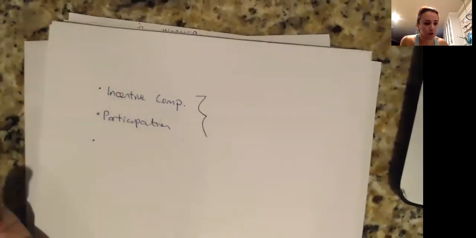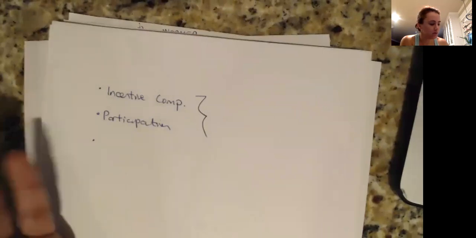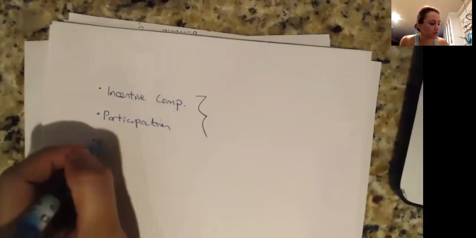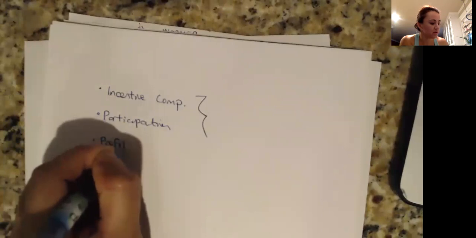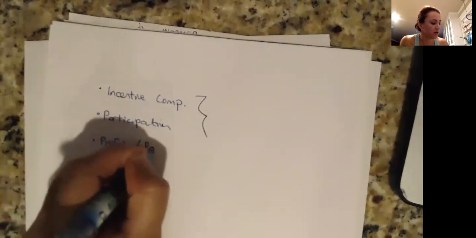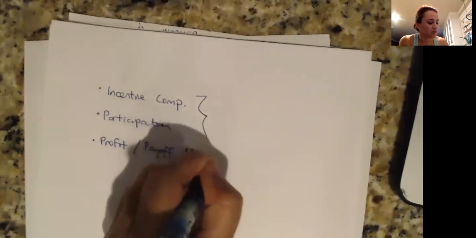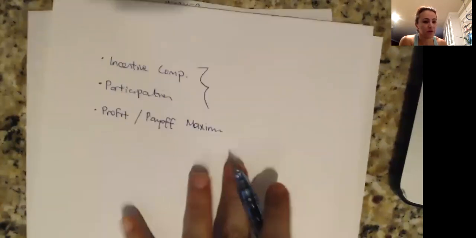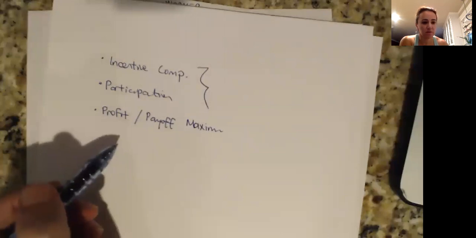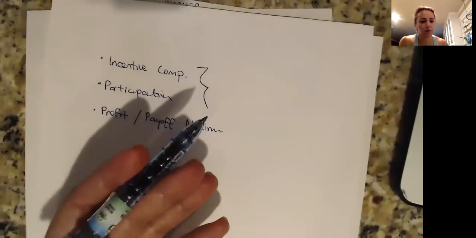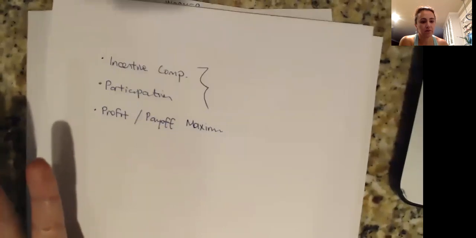And for the firm, the low information player, we check profit maximization, or utility maximization. So we are basically doing these three things over and over with different examples.